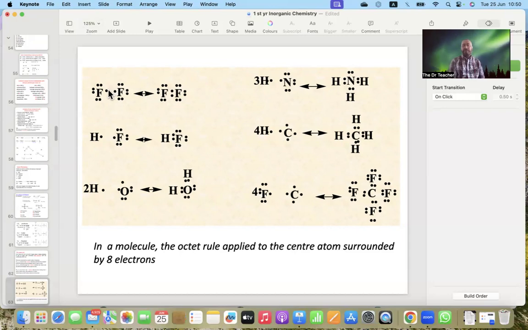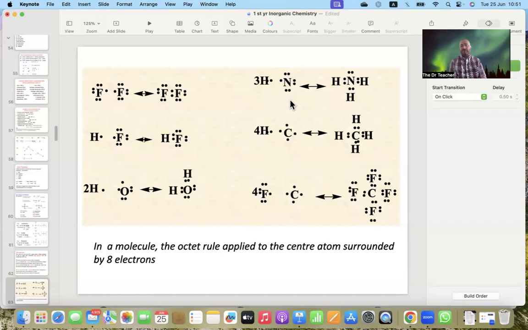The single electron can form a single bond, so these will be stable in their outer shell. So here we can see F2 gas using valence electrons to make a covalent bond.